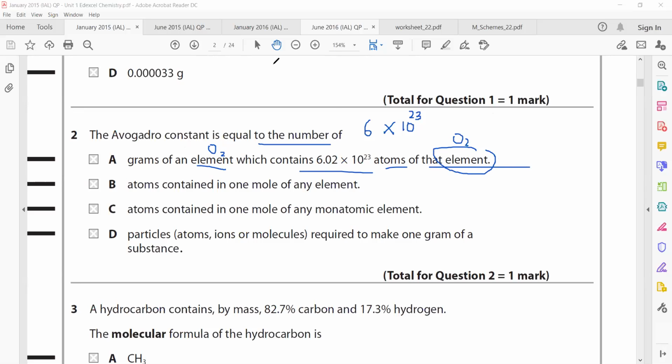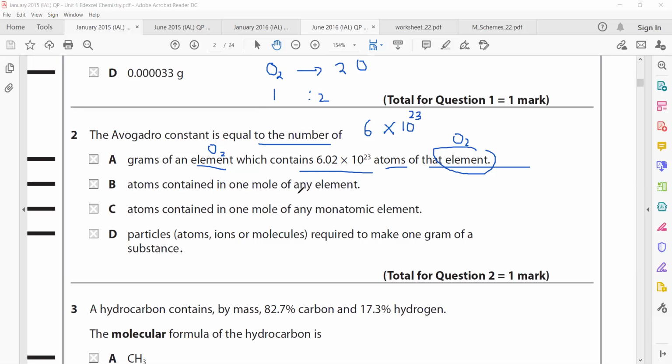Why will it not be true? Because the number of atoms present in 1 mole of oxygen, the ratio will be 1:2. So the number of atoms will not be equal to 6 exponent 23, it will be twice that. So this statement is not explaining Avogadro's constant correctly.